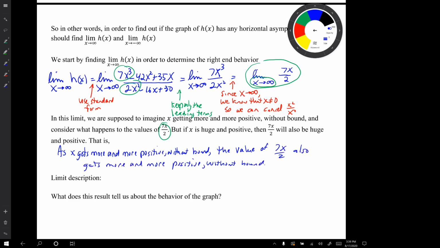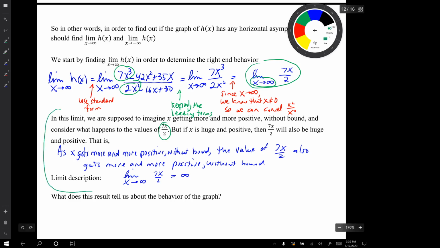That is, as x gets more and more positive without bound, the value of 7x over 2 also gets more and more positive without bound. What's a limit description of this? We'd say that the limit as x goes to infinity of 7x over 2 is infinity.